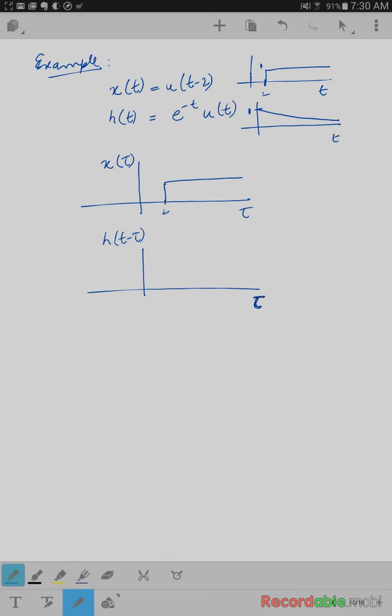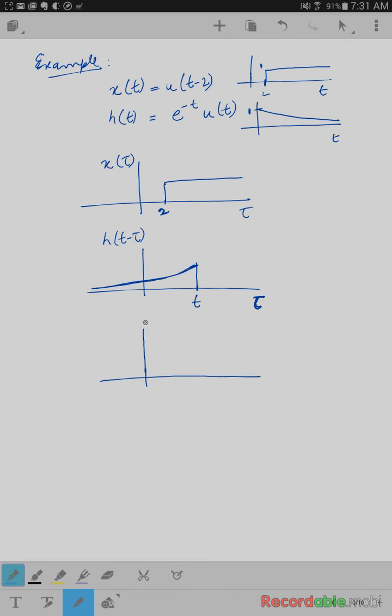The values for which h of t minus tau is non-zero: it starts at t and then it goes in the reverse direction. So from here, now it's clear. You take a product of these two signals, and it becomes clear for what values of t this product is going to be non-zero.